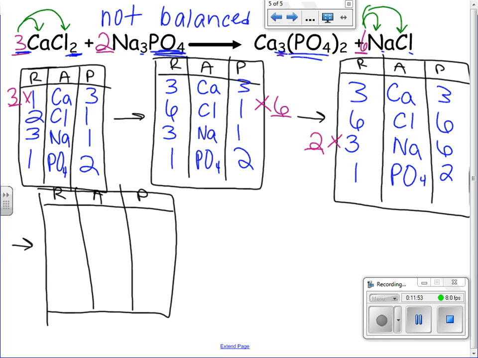Okay. And so the elements we're working with are still calcium, chlorine, sodium, and phosphate. And so we can see that we have 3 calcium atoms in our reactant still. That hasn't changed.